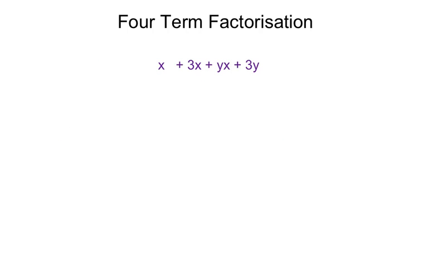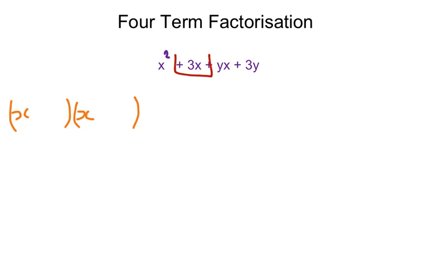One final example. Here we've got x squared plus 3x plus yx plus 3y. And we're going to do the same thing. We're going to try and put it into 2 brackets because it looks a bit like a quadratic. To get x squared, we need an x and an x.